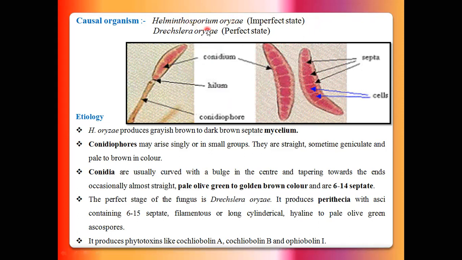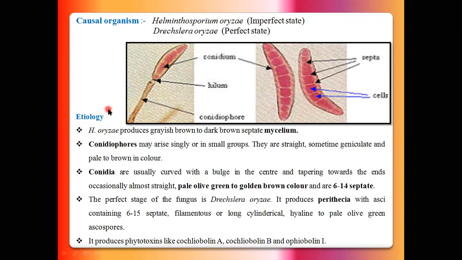And Drechslera oryzae is the perfect stage, meaning this fungus reproduces by the sexual method and produces sexual spore fruits. Okay, so we already discussed the etiological or morphological characters of Pyricularia grisea and Magnaporthe grisea in blast disease.